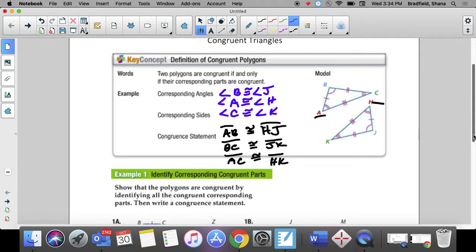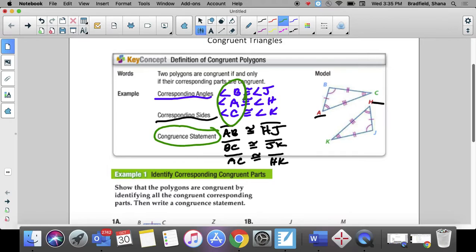So corresponding angles, and then we had corresponding sides, and my congruence statement then would say which triangle is congruent to which triangle based on matching parts. So if you go back up here and you look at the angles, I'm going to take the same order that my congruence of the angles went in.